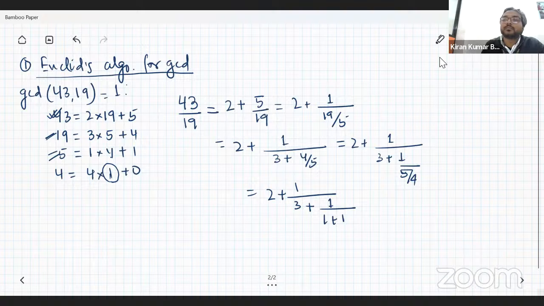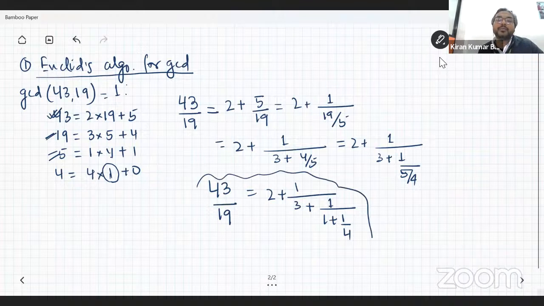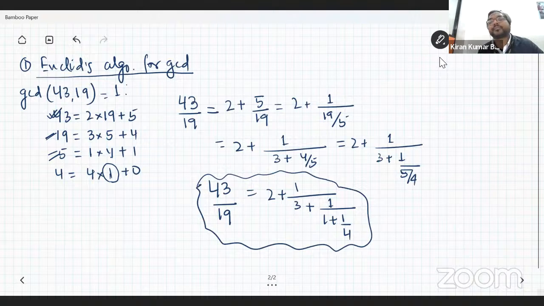So what we have is I have converted a rational number into a continued fraction, a fraction that continues. And these 2, 3, 1, 4 are the coefficients that I have obtained here.